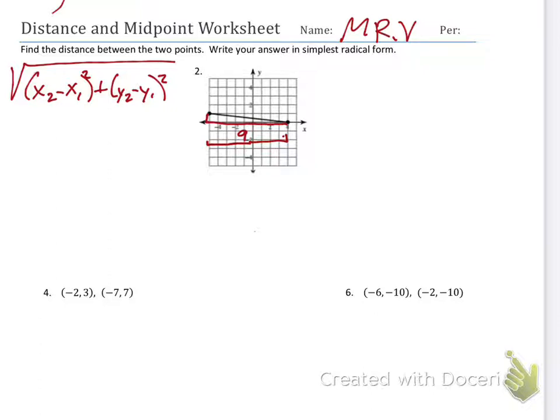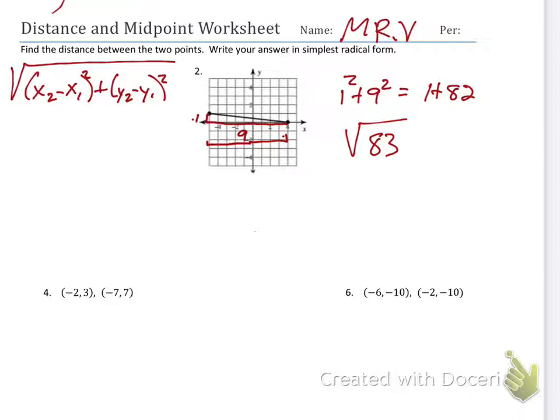And this side is going to be 1. So 1 squared plus 9 squared is equal to 1 plus 81.